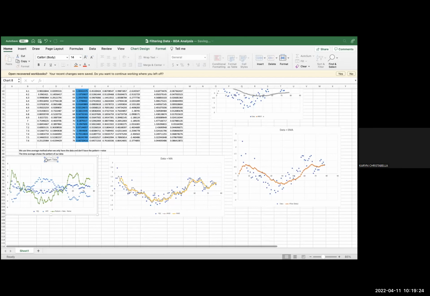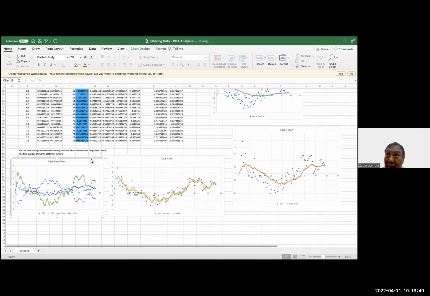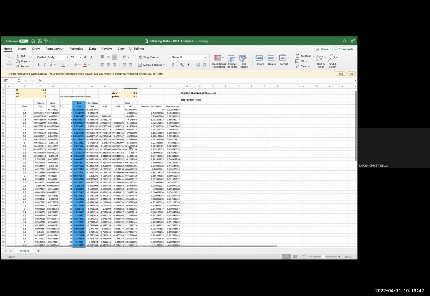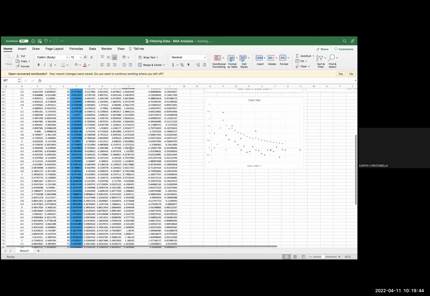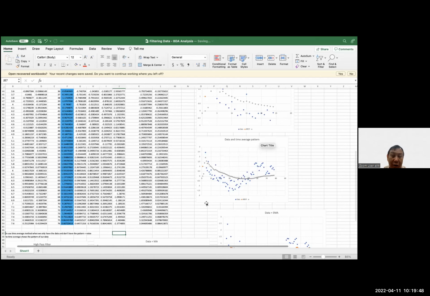So, high pass pattern. Remember, a high pass filter will produce noise. That's why you minus. Okay. So we can choose between all of these. Yeah, you can choose which one.